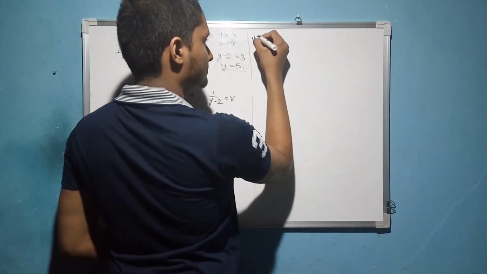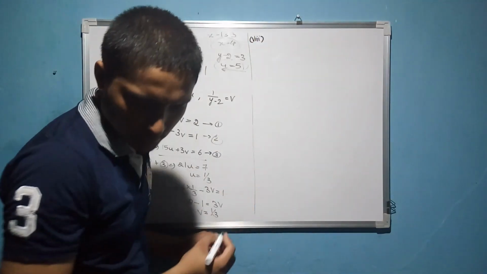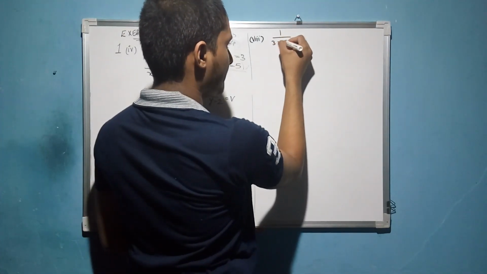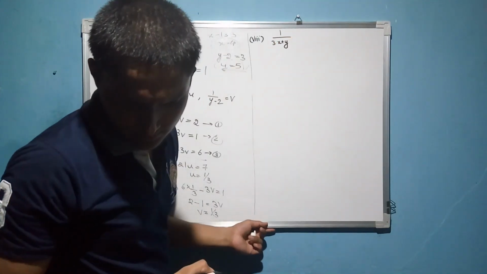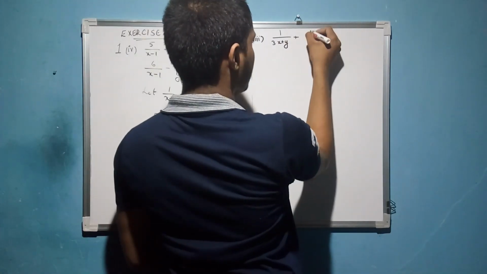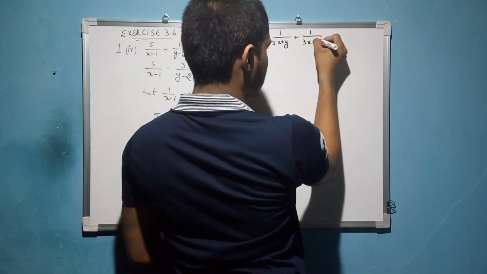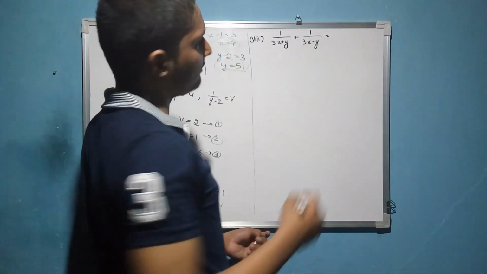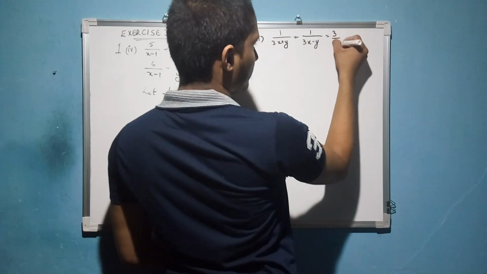The eighth question is 1 by 3x plus y, then 1 by 3x minus y, that is going to be equal to 3 by 4.